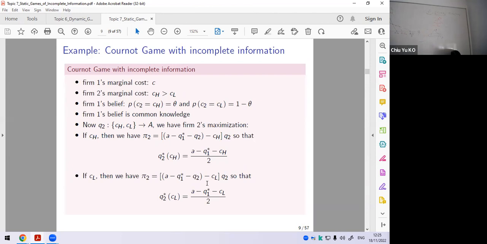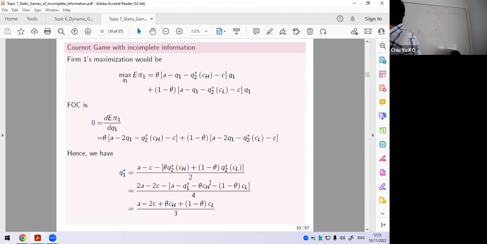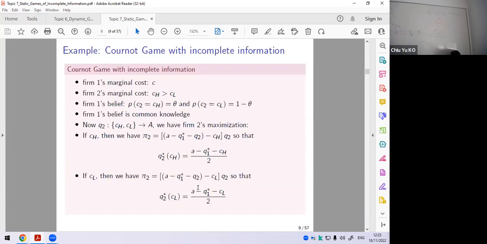And the belief is given, so it's not something complicated. But here it is easy because only one guy has incomplete information. If the other guy also has incomplete information, then you still need to solve a complicated fixed point.